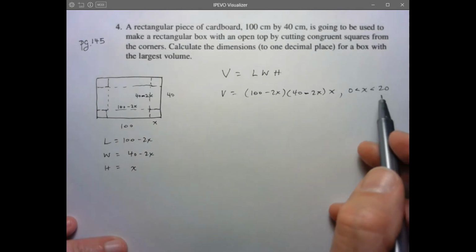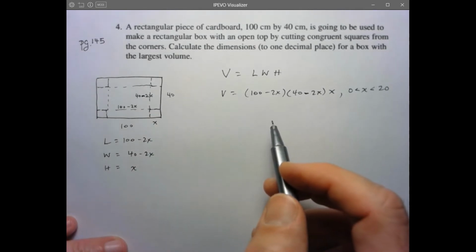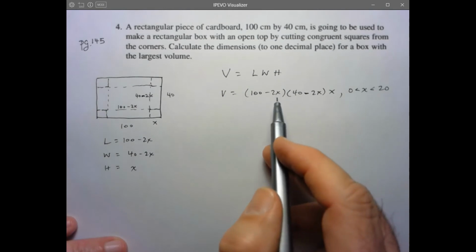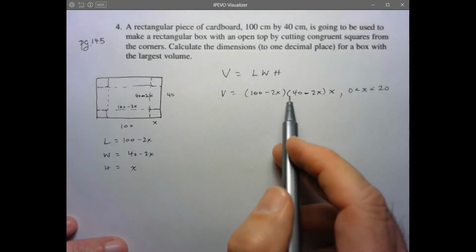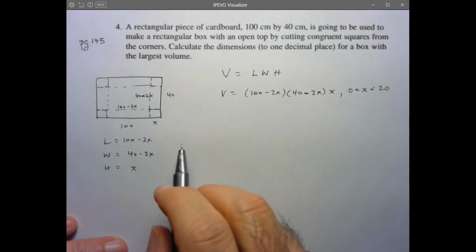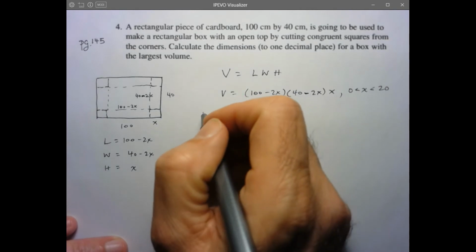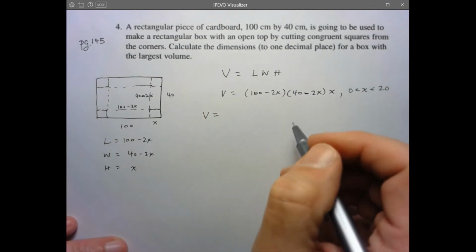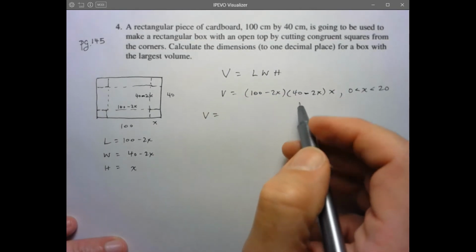We have our model, we have our domain. Now we can go ahead and do some calculus, but I definitely don't want to apply the product rule a bunch of times here. So it makes much more sense to multiply this out. Okay, it's not too bad. So I'll start by multiplying out the binomials.